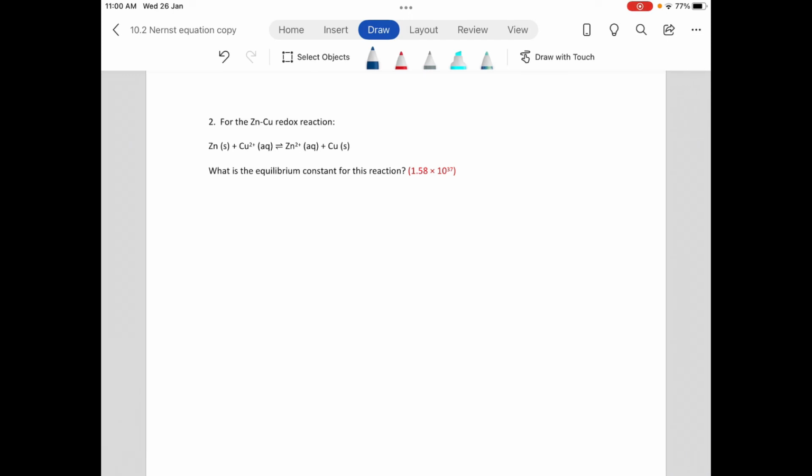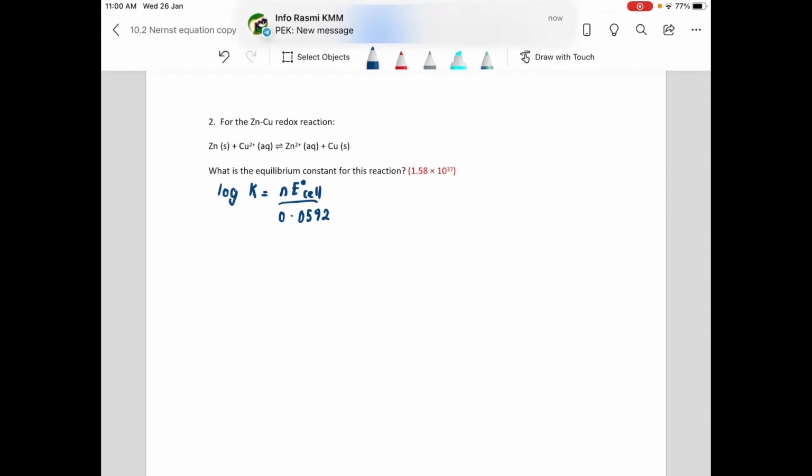So when the reaction is at equilibrium, we can straight away use the fourth equation, fourth Nernst equation tadi, iaitu yang kita dah ganti Q dengan K, and then kita dah ganti E cell with 0. So boleh terus guna yang ni. Okay, boleh terus guna yang tu.